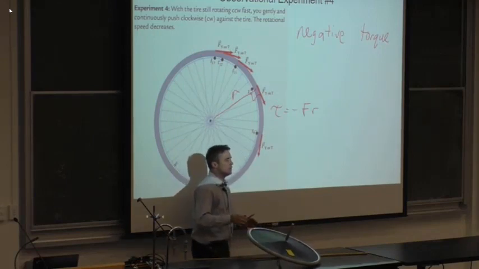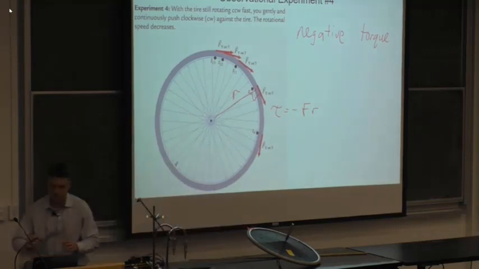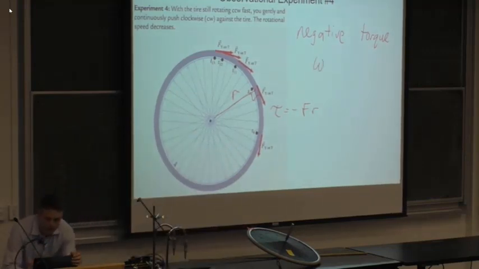If it's slowing down and omega is positive, that means that alpha is negative. So omega is positive, it's slowing down, so that means that alpha and omega have opposite signs. So alpha is negative, the same as the torque sign.